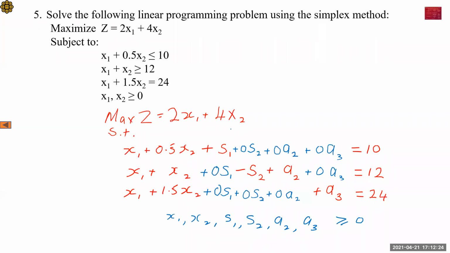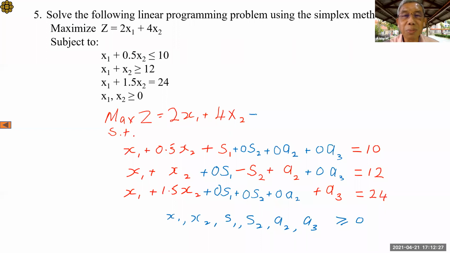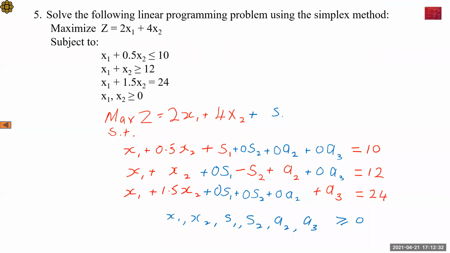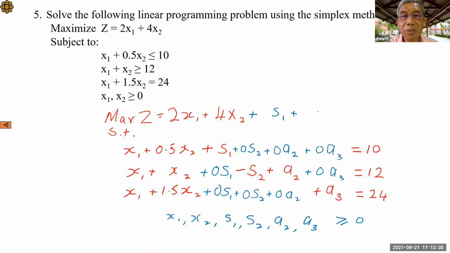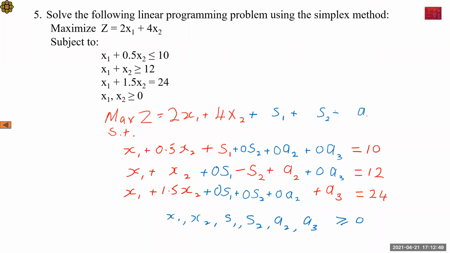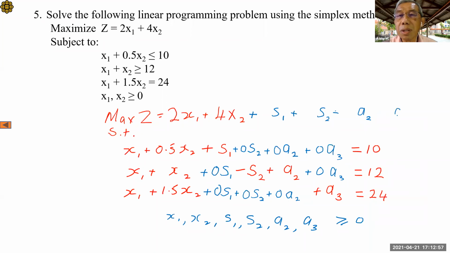The objective function also must have all the variables: s1, s2, and also A2 and A3. Okay, what coefficient should I put here at S1?